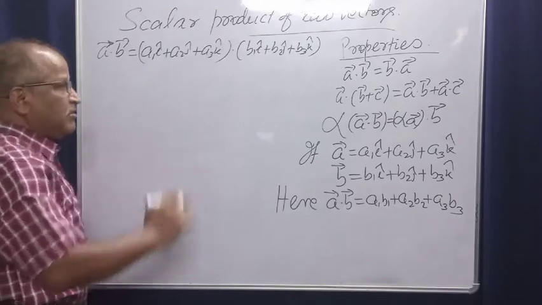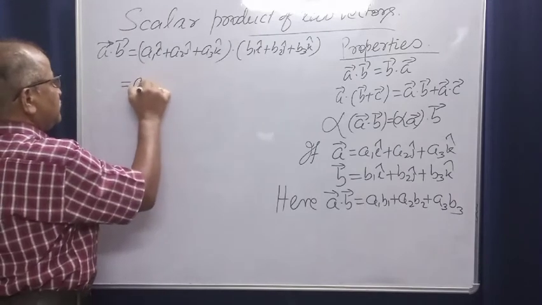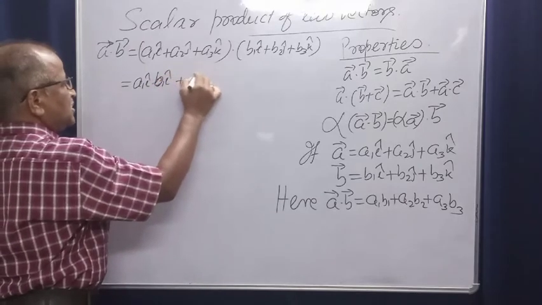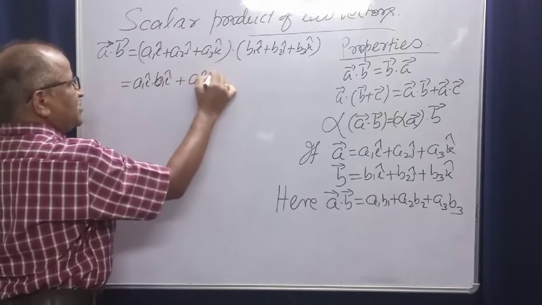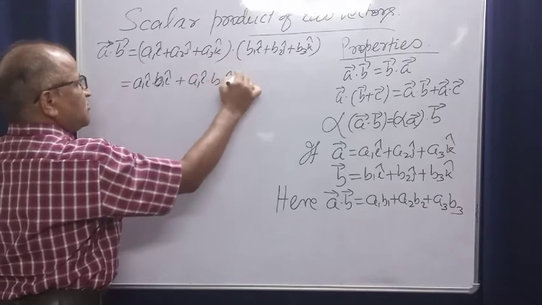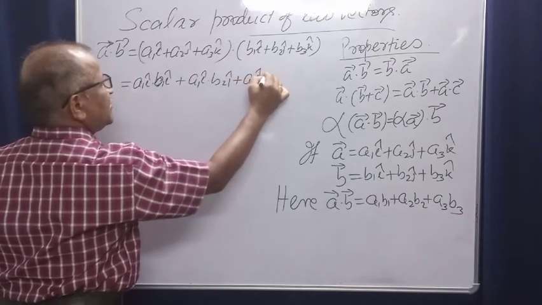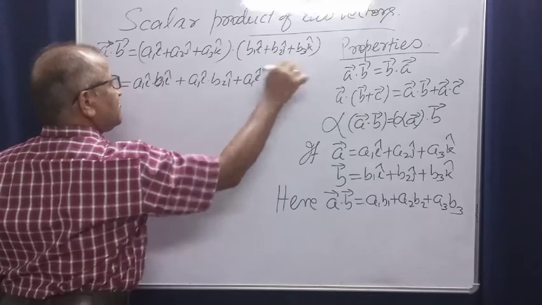Using distributive law, we can see that it is A1 i cap into B1 i cap plus A1 i cap into B2 j cap plus A1 i cap into B3 k cap.